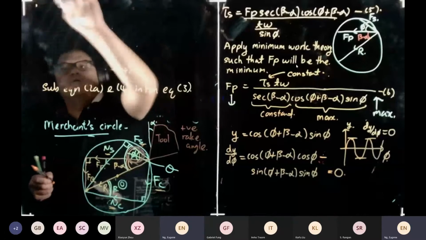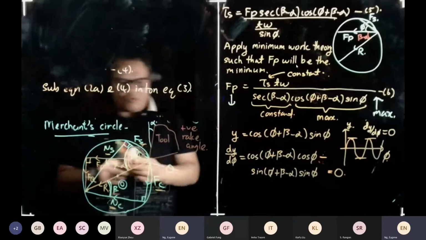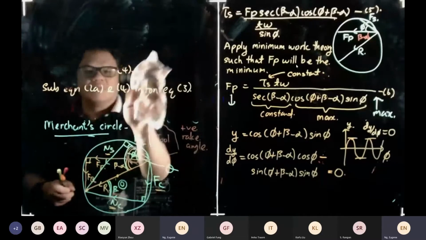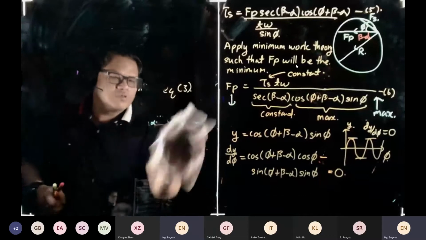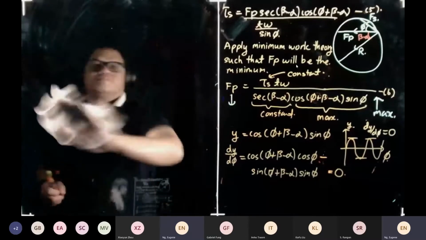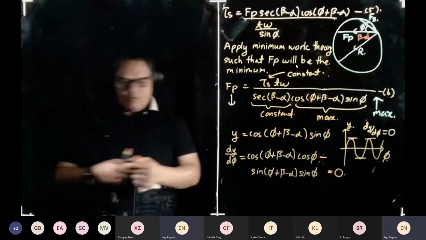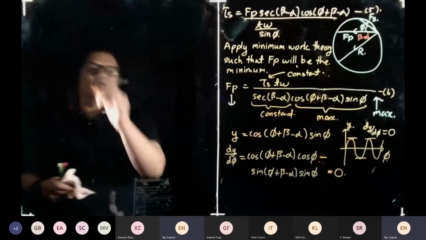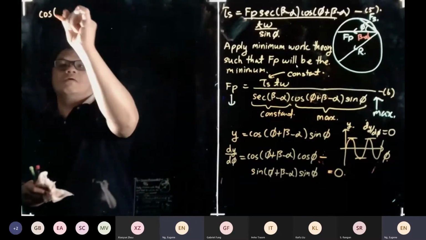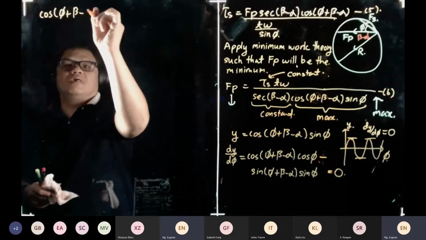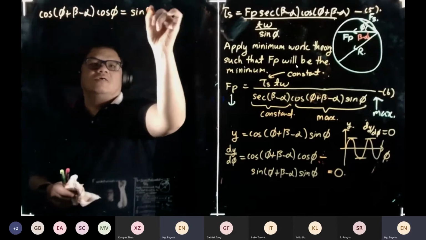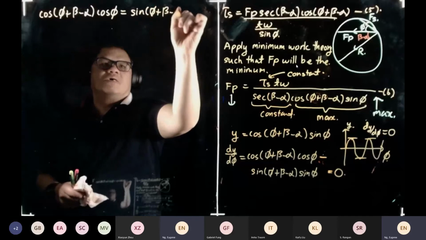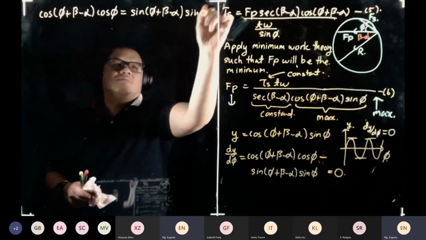Why equal to 0? Because the slope has to be equal to 0 to get the maximum value, right? So from here, we will have this expression where cos phi plus (beta minus alpha) cos phi equals sine phi plus (beta minus alpha) sine phi.